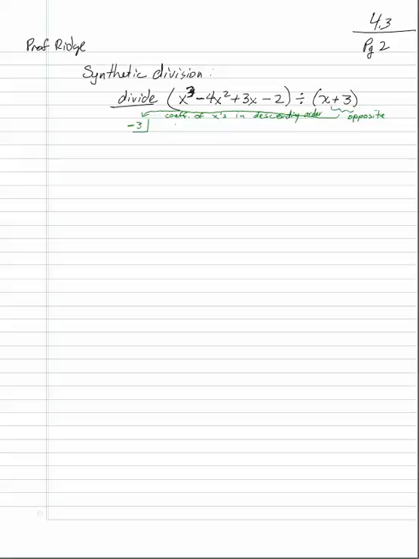So we got 1 for x cubed, negative 4 for x squared, 3 for x, and negative 2 for the constant. Now if there's any missing terms, you've got to put 0. You put a line like this, and you're going to bring down the first term, and then you multiply, you multiply always by this number. So negative 3 times 1 is negative 3, and then it goes up. Okay, so now we got negative 3.